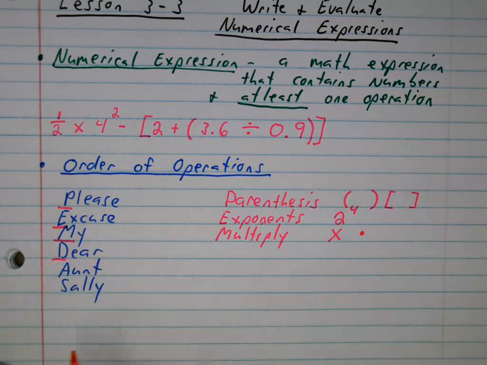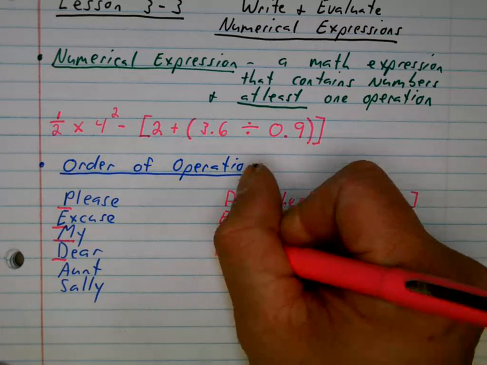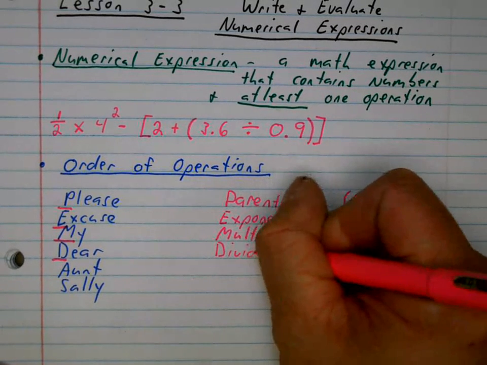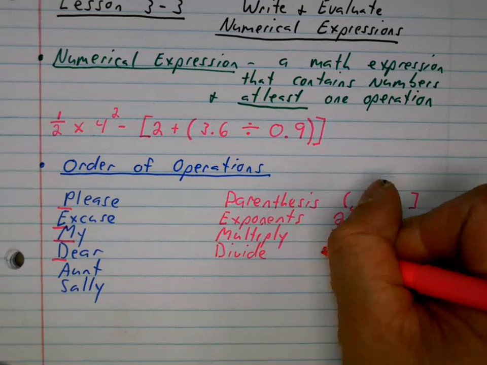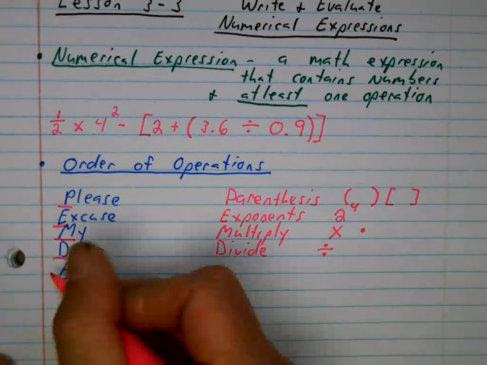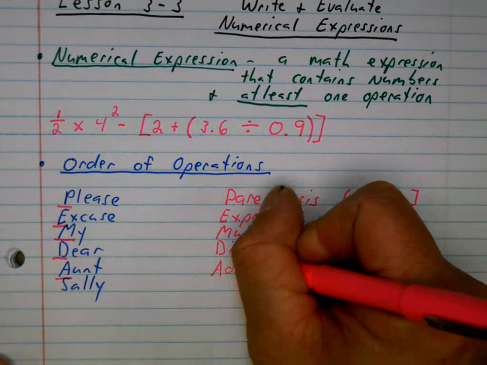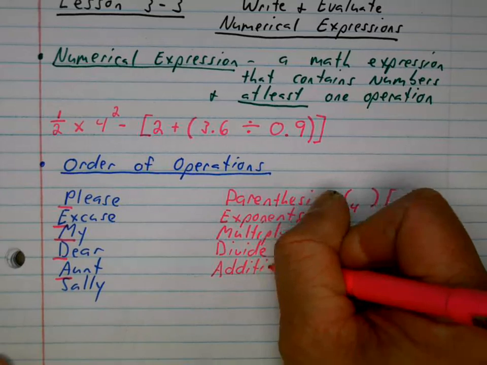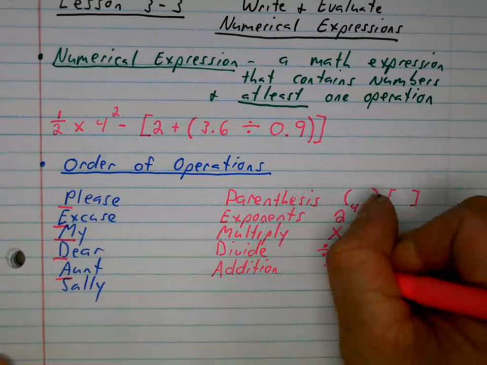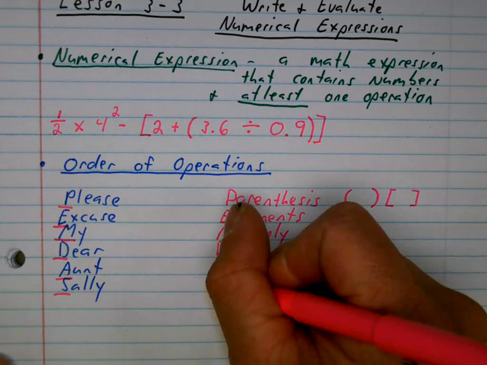Next, we have dear, and the D stands for divide, and I'll represent that with the division sign. The A in Aunt, you guessed it, stands for addition. And the S in Sally must stand for subtract.